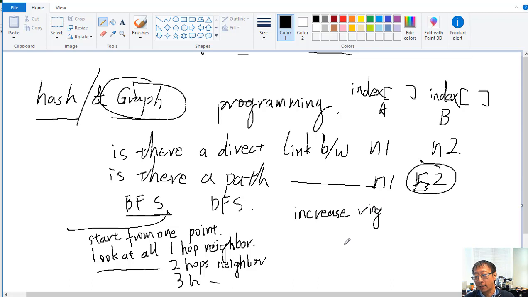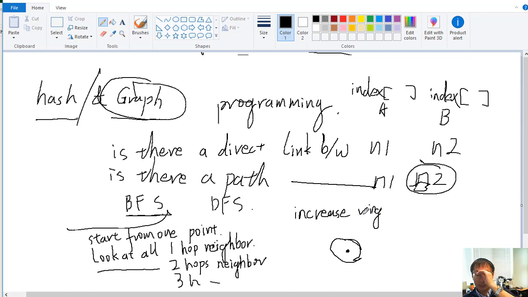R-I-N-G, I'm sorry, ring. So basically this is the start node. You look at all his one hop neighbors. For example, if I shout, I can shout 50 meters. So everyone within my 50 meter ring, I can directly reach them. It's like one hop.